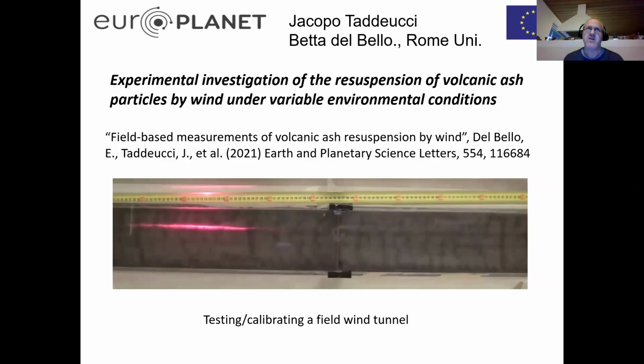You may not know, the motivation here is that most human illness caused by volcanoes is not during the eruption, it's due to aeolian resuspension of ash afterwards, sometimes years later. This ash is very harmful if you breathe it in. So there's a lot of motivation in understanding and obviously trying to mitigate this.